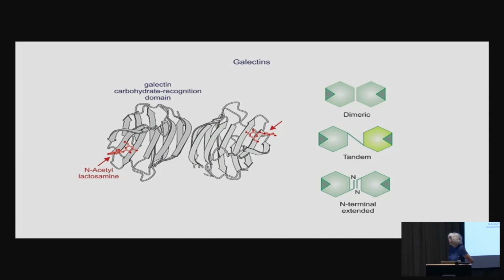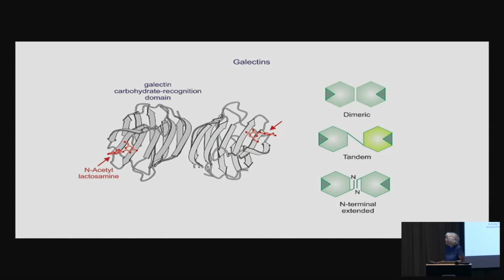The galectins can be found inside cells in the cytoplasm and the nucleus, but they also do get outside of cells. And they don't have associated accessory domains apart from this one type, which has an N-terminal extension.